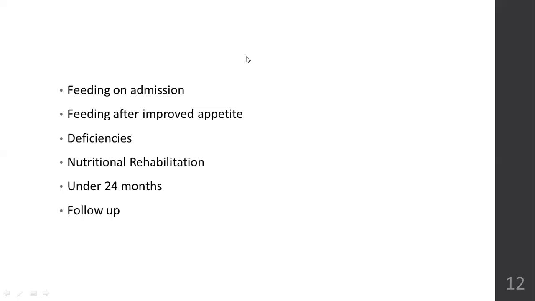Once the parents take the child away, you have to educate them on what they have to do, how to cook the food, and what kind of food has to be given. This information is given in the follow-up stage. So far, is it clear to all? Usually it is 1 pack a day.